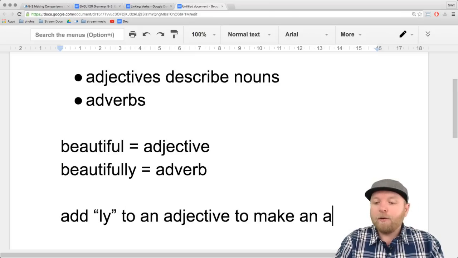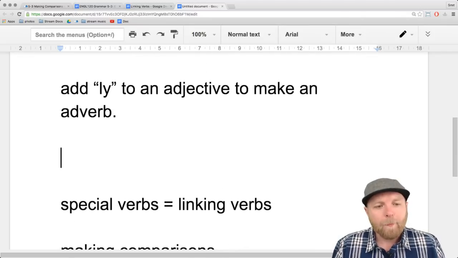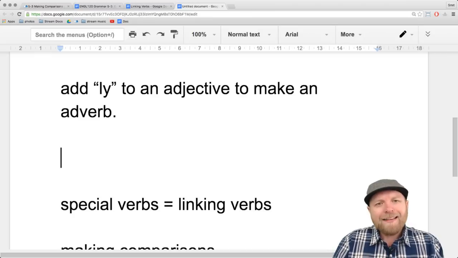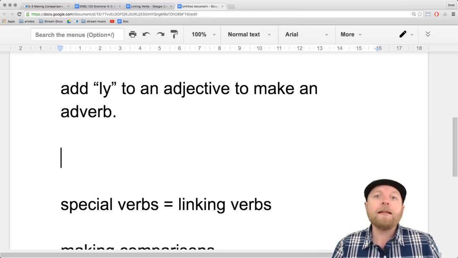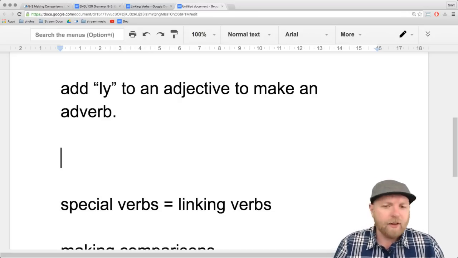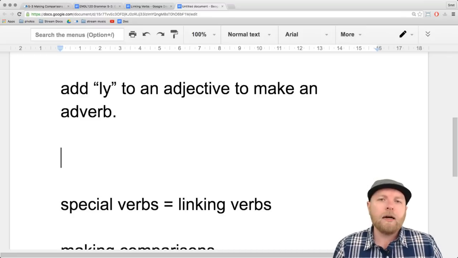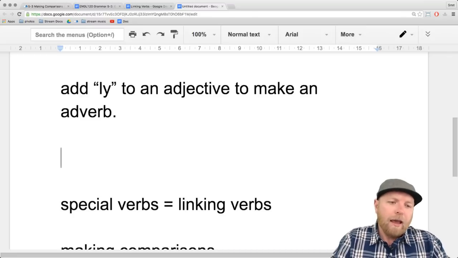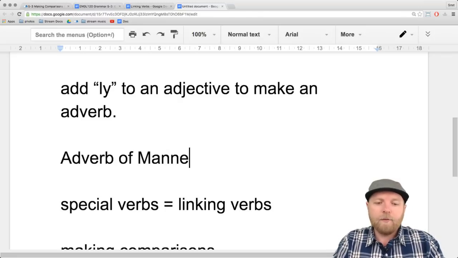Let me push that up here. So there are many kinds of adverbs in English. I don't want to talk about all the kinds of adverbs today, okay? I want to focus on one kind of adverb. We're going to call this an adverb of manner, okay?